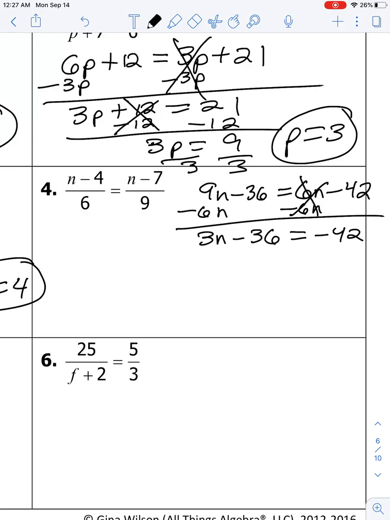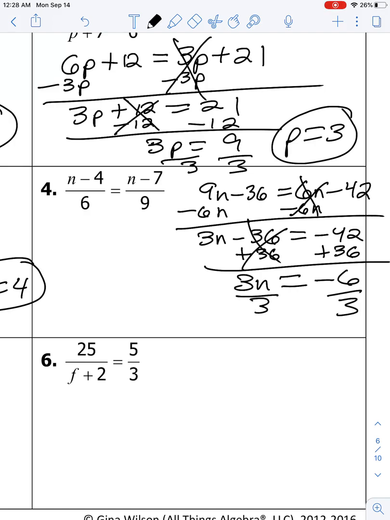So now it's just a two-step equation. Add 36. That's now gone. 3n equals negative 42 plus 36, which is negative 6. Divide by 3, n equals negative 2.